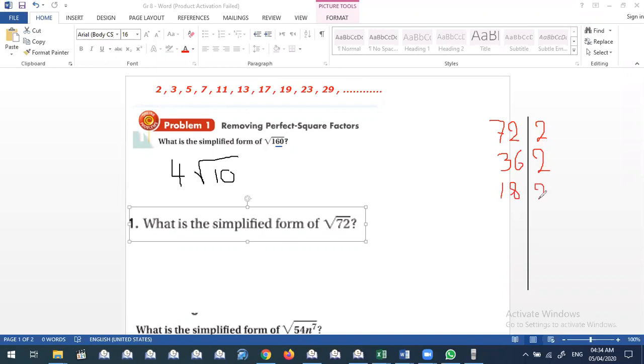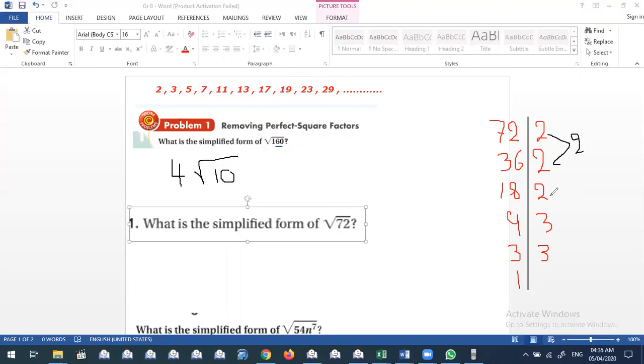18 is also divisible by 2. 18 divided by 2 is 9. Can we divide 9 by 2? No. Let's try 3. Yes, 9 divided by 3 is 3. 3 divided by 3 is 1. We are going to choose each 2 repeated numbers. 2 and 2, take one 2.